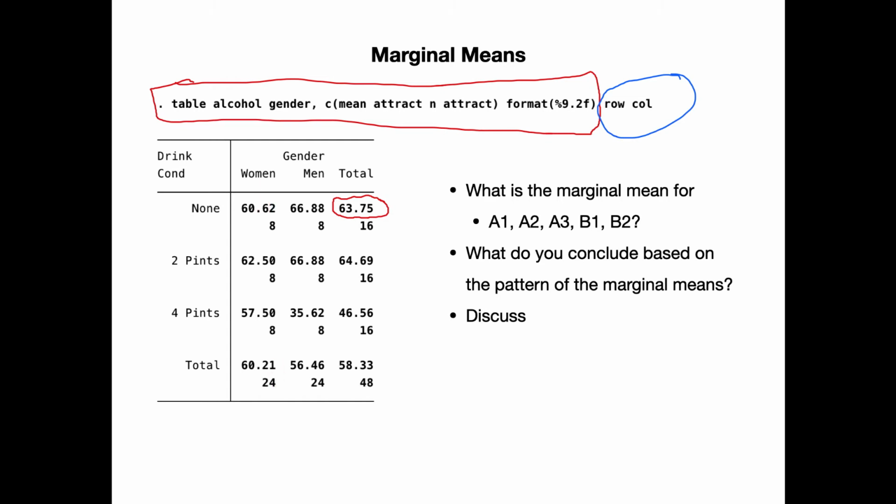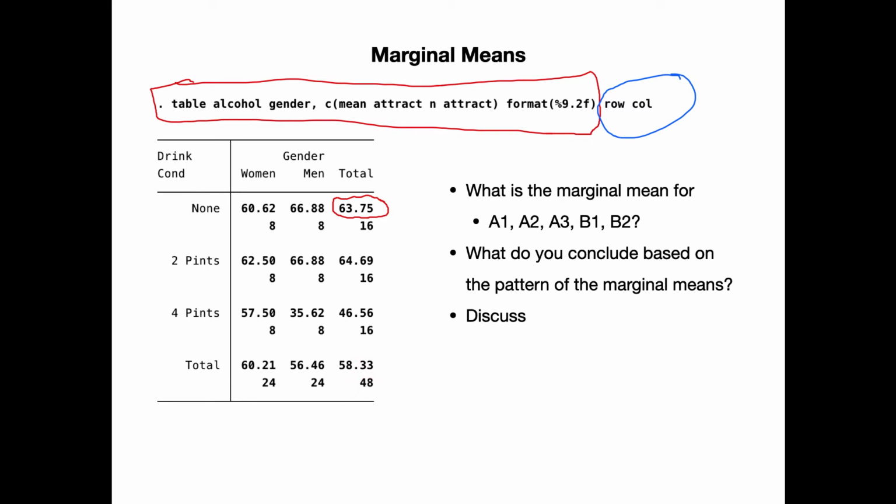Then we have the same thing for women and men, right? Here's our marginal mean for women. 60.21 is the average of this one, and this one, right? The average of those three. 56.46 is the average for men, average of those three. Okay? We'll talk about this guy down here in a minute.